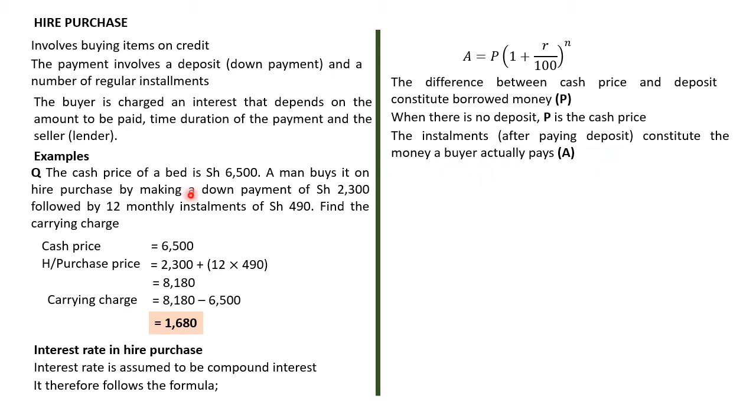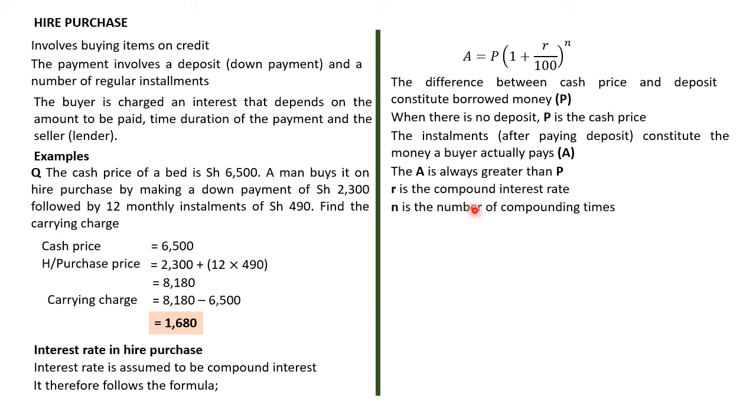Like in this case, the 12 times 490 is the amount the person actually pays, and therefore that is our amount, A. Now, A is always and obviously greater than P. R is the rate of interest, and N is the number of compounding times, and that's obvious. Now, from this question we've just done, we should appreciate the following factors.